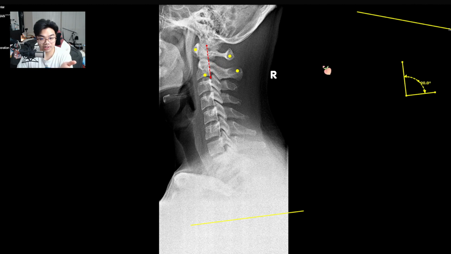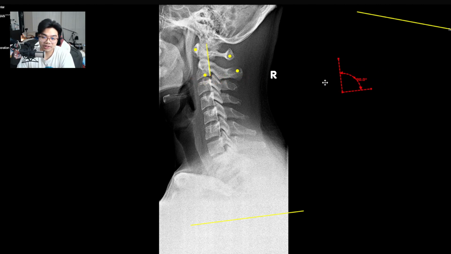Now I have this line here, which follows the posterior line of the odontoid process. The reason we want this line is because it helps us determine the transverse line of the axis, right?